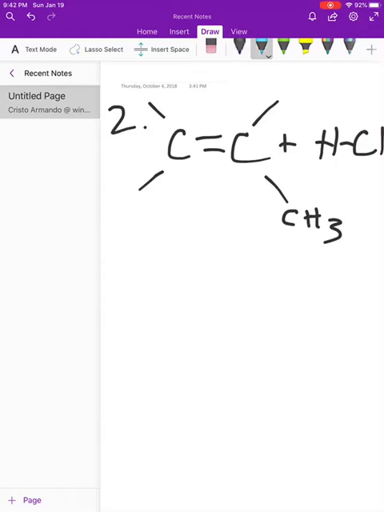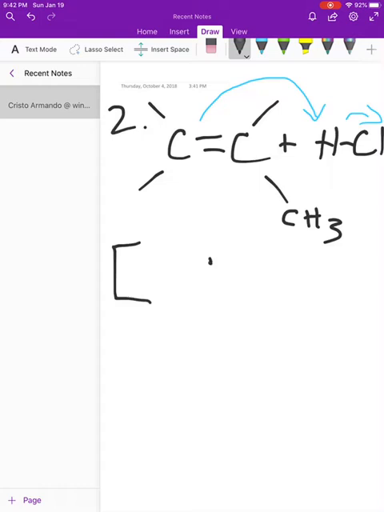Right. So the same thing as the last reaction. And because the molecule is symmetric, it does not matter where the hydrogen adds on to.